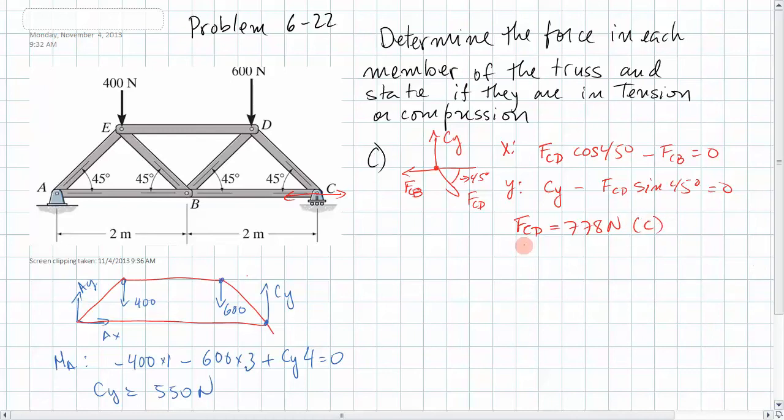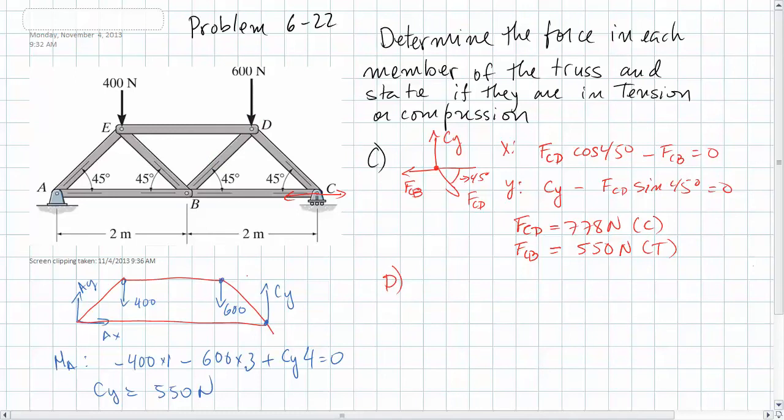And then I have the other one, FCB, and I get that that is equal to 550 newtons, and that is also positive. So that means that member was in tension. Okay, so now we have the forces on these two members, and we have the reaction. So let's use this joint to find the forces on these two members here.